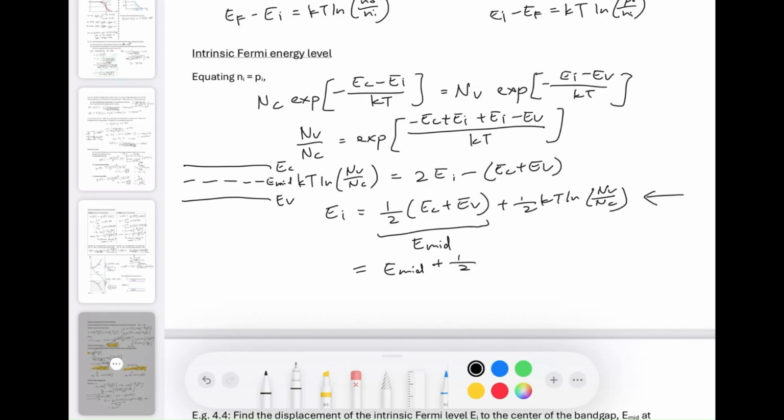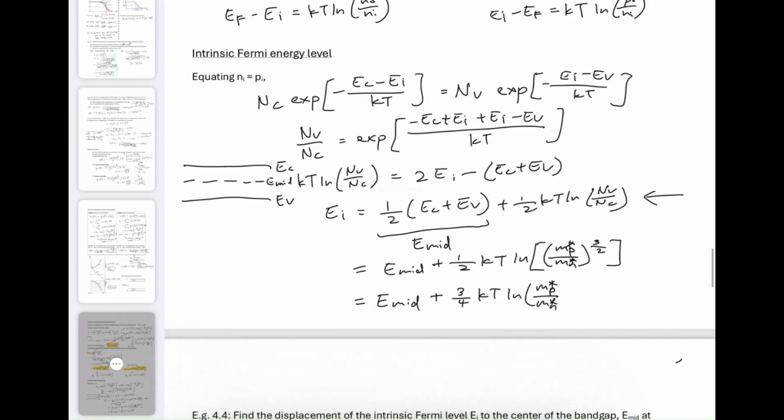Plus half kT ln, and if we take what we found earlier, this is what it is. So this is E mid plus, and for the ln you can bring down the 3 over 2, so it's 3 over 4 kT ln mp over mn.